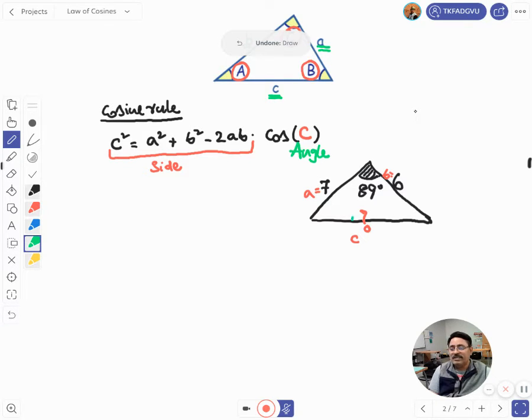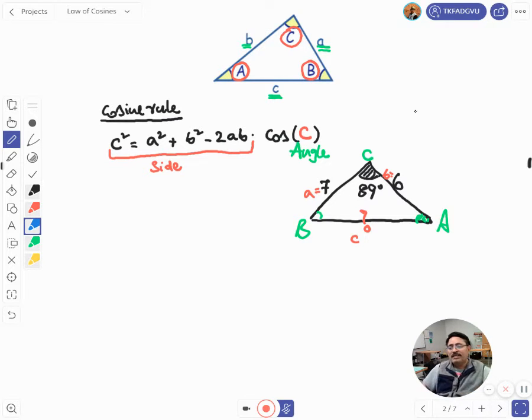Don't forget, if c is missing here, this is going to be angle C, and if this is a, this is going to be angle A. I'm using the uppercase letter, and here I see that it is opposite to b, therefore this is going to be uppercase B. Okay, now let's plug in the values. In the beginning, when you start learning this cosine rule or sine rule, it may be a little confusing because of uppercase letters and lowercase letters.